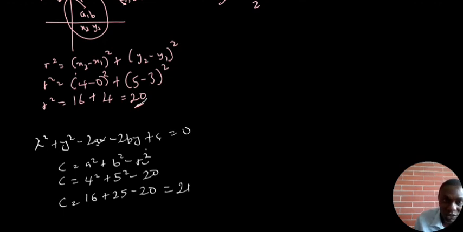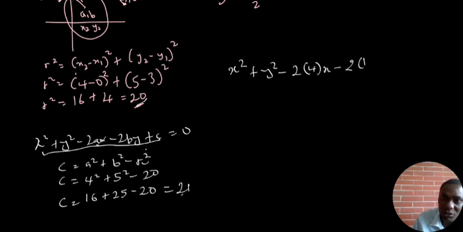Okay, so let's plug these values back into this equation. So I'm going to have x squared plus y squared minus 2 times my a, which is 4, that's the coordinate of the center, x minus 2 times b, which is 5, y plus 21 is equal to 0.